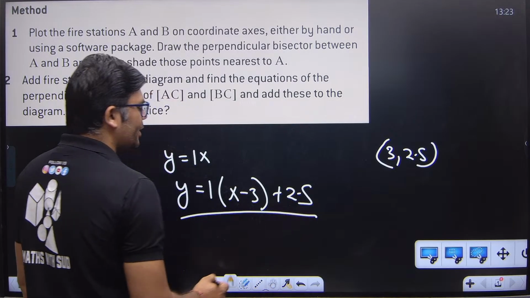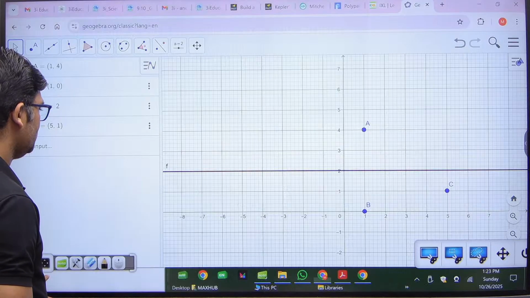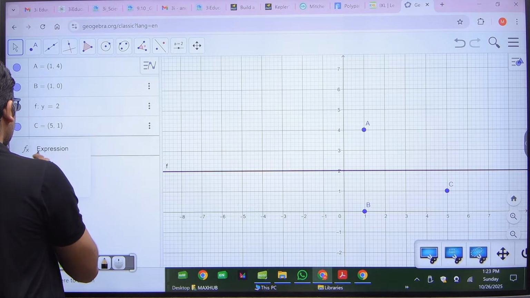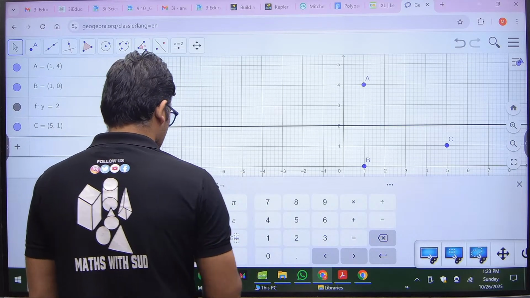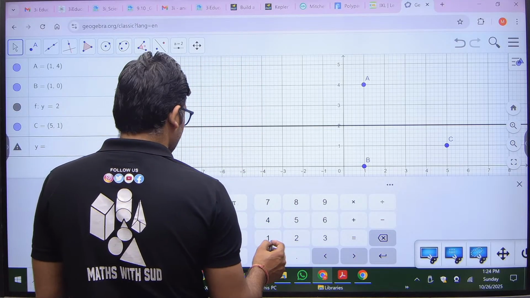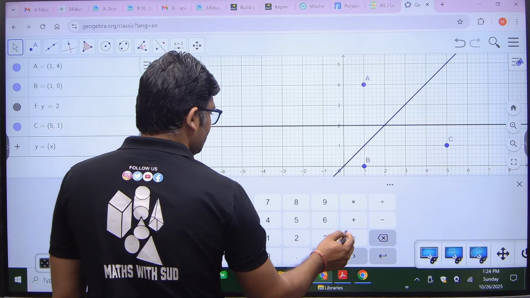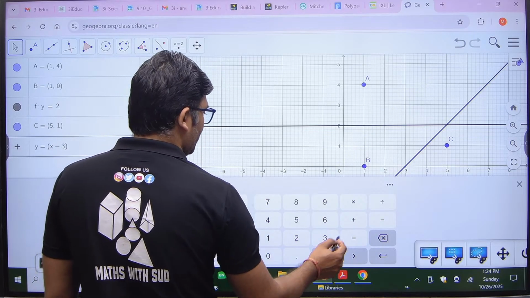You remember the point slope form? Yes. Write down this equation: y is equal to 1 times x minus 3 plus 2.5.